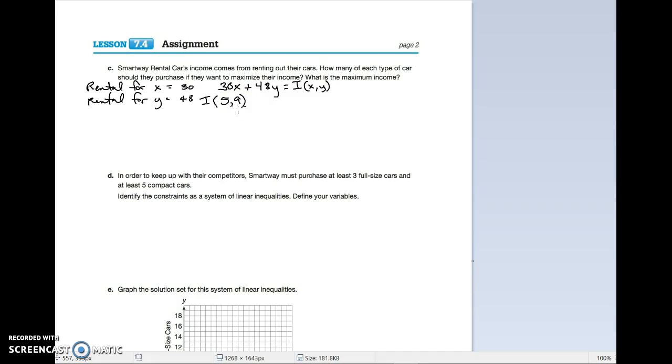Okay, so when the function is 5 compacts and 9 full-size, what do we get? So that's going to be equal to 30 times 5 plus 48 times 9. And then we've got to figure out what that is, don't we? But before we go ahead and figure those out, we're going to write all of them, because we're going to figure out all 4 possible combinations here.